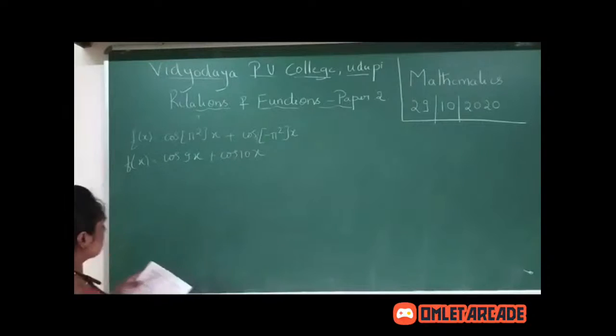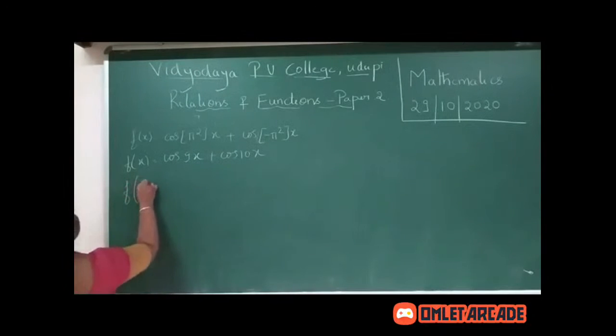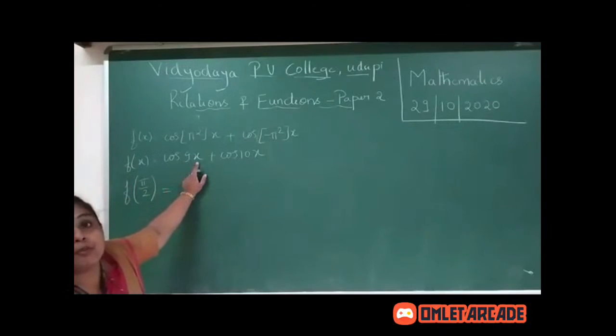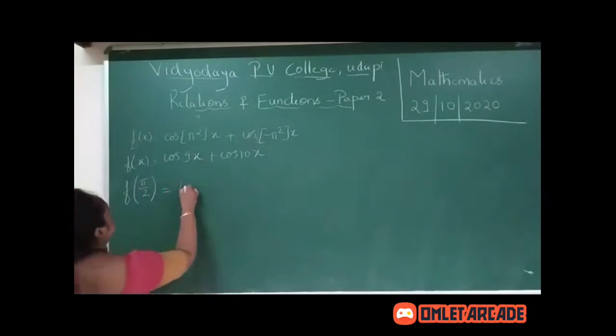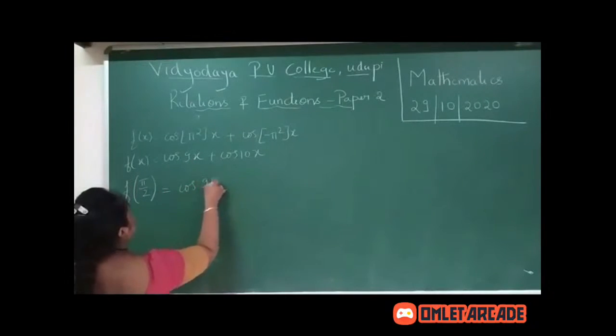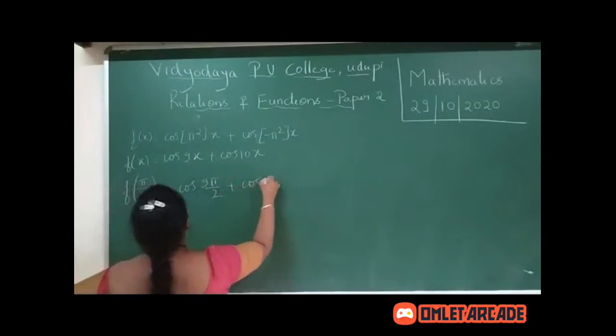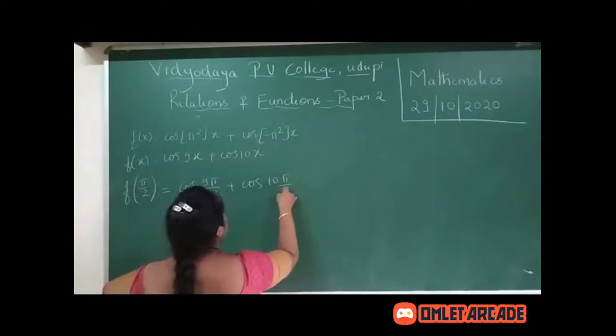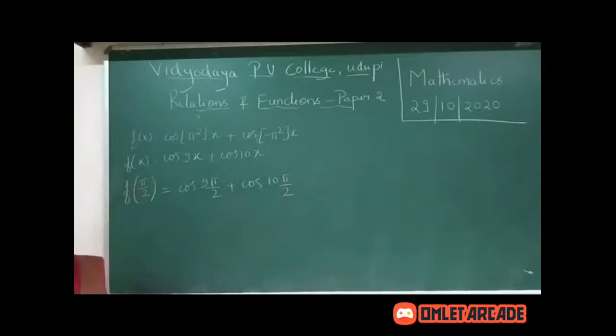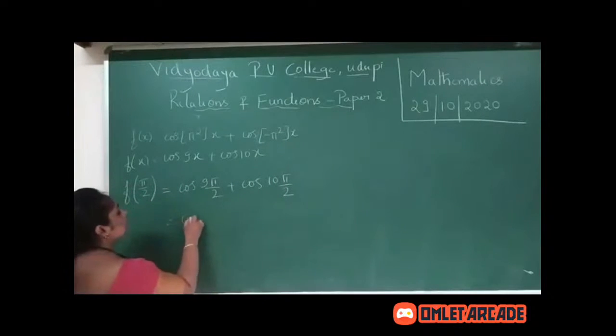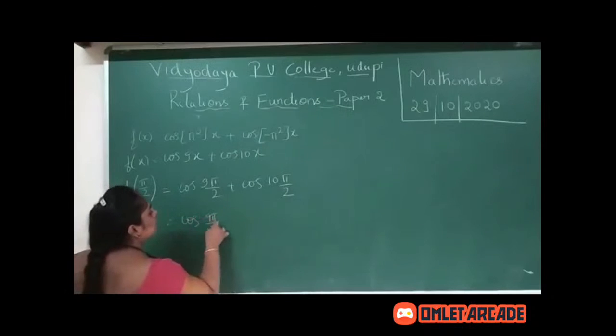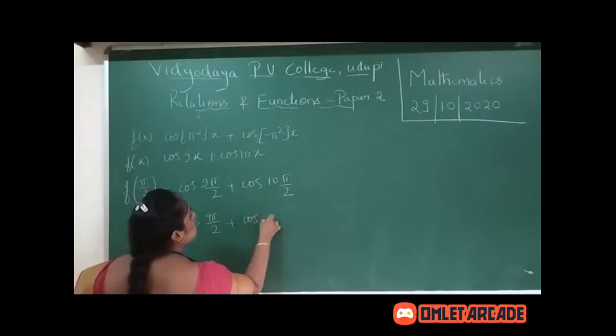In the place of x, I have to put pi by 2. So cos 9 pi by 2 plus cos 10 pi by 2. 10 pi by 2 means 10 divided by 2 will be 5 pi. So this will be cos 9 pi by 2 plus cos 5 pi.